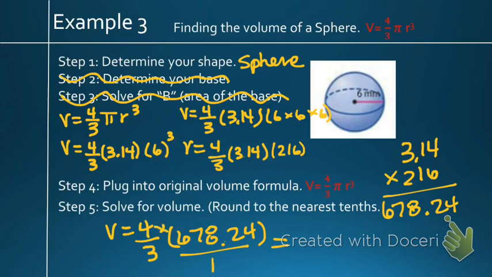So I multiplied. 3 times 1, we get 3. So I'm going to divide by 3. So our volume is 904.32 millimeters cubed.